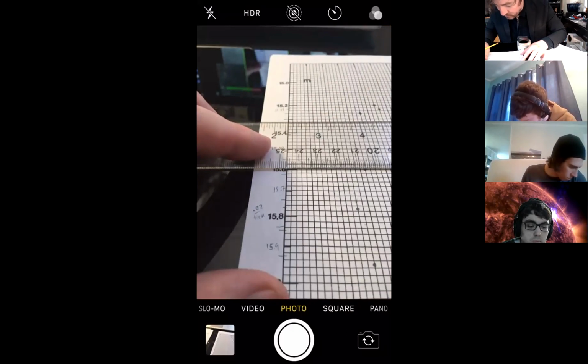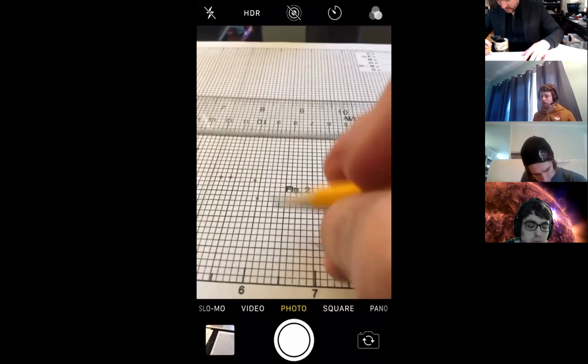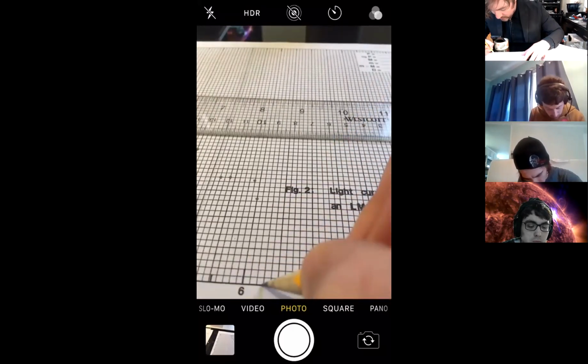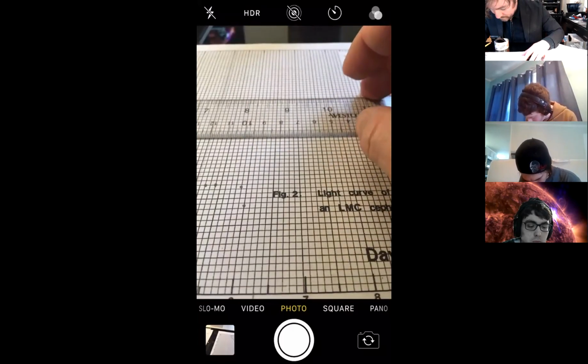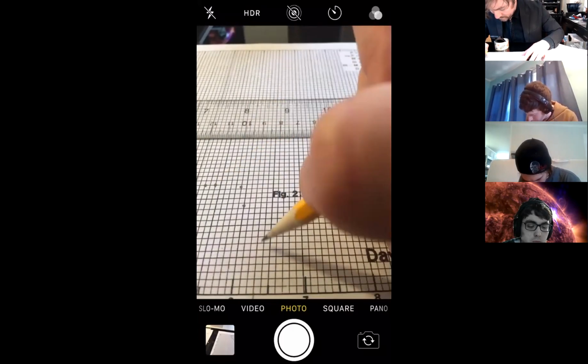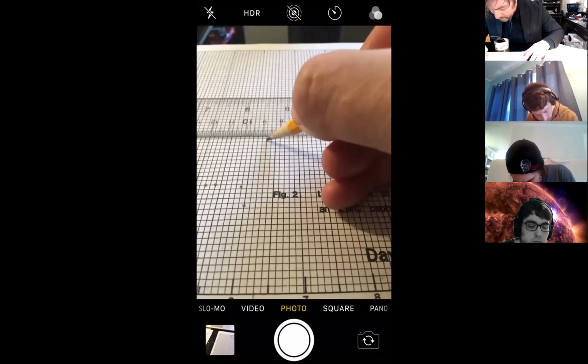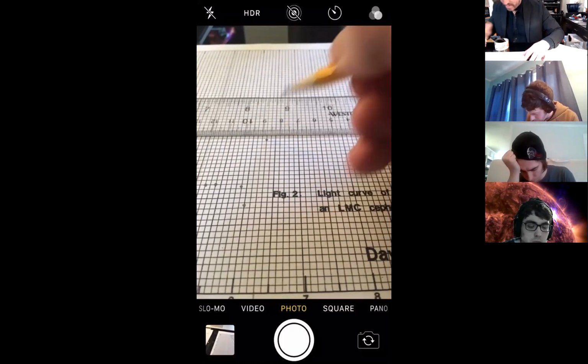So this is 15.6. It's going to be at 15.61, and 6.3 is here. There we go. Okay.